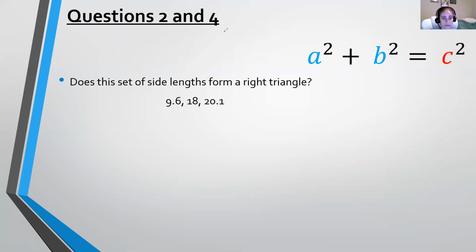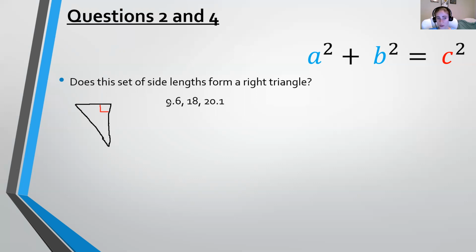I actually like to sketch a triangle, and I'm going to make it a right triangle, even though we're trying to figure out whether or not it actually will become one. So here's my slightly sloppy right triangle, and our side lengths are 9 6/10, 18, and 20 1/10.